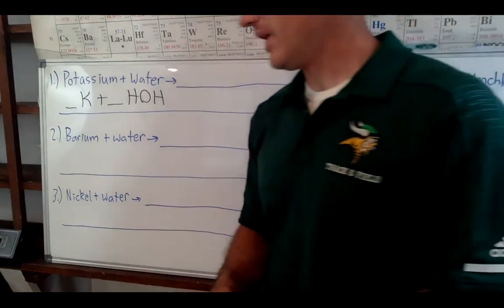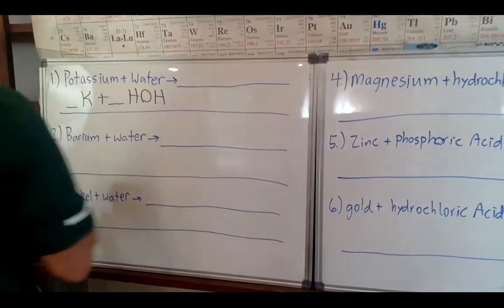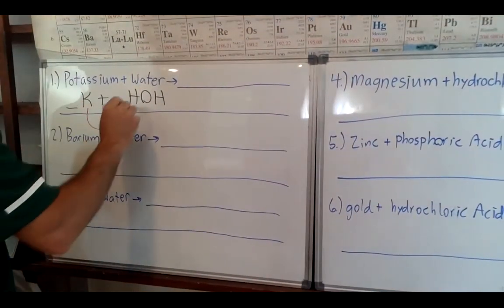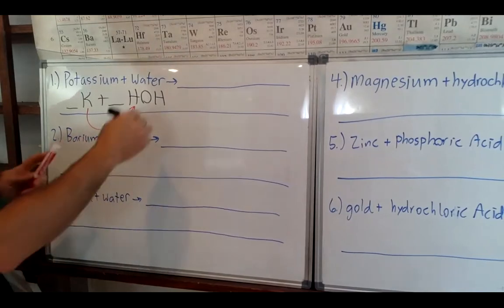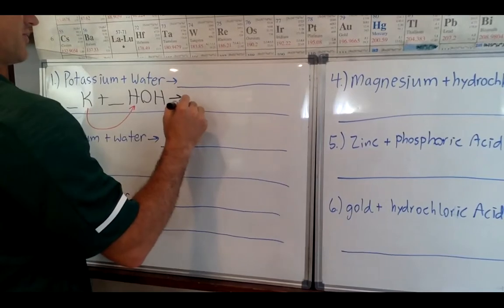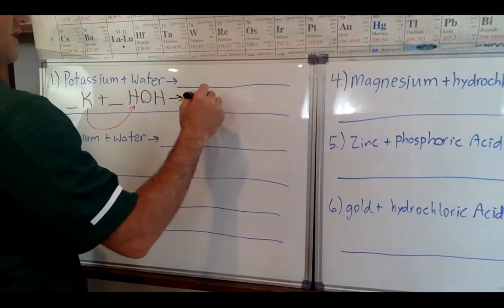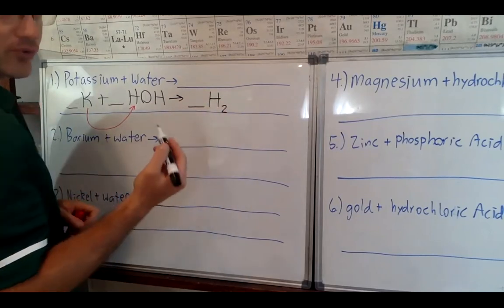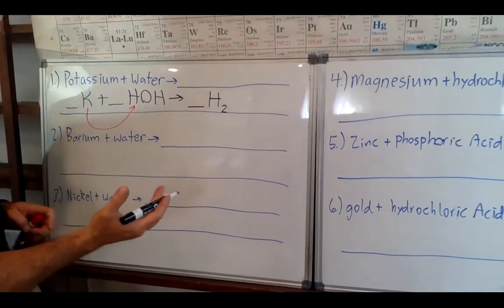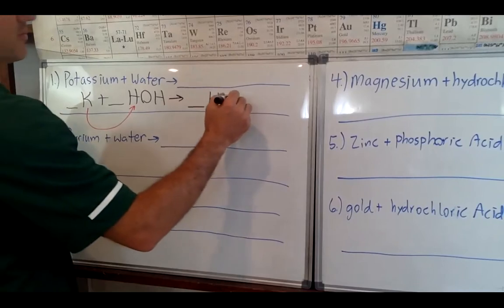So what will happen is the potassium will kick out and take the place of that hydrogen. After the reaction, we end up with H2, so we're going to have to balance it because hydrogen can't exist on its own.